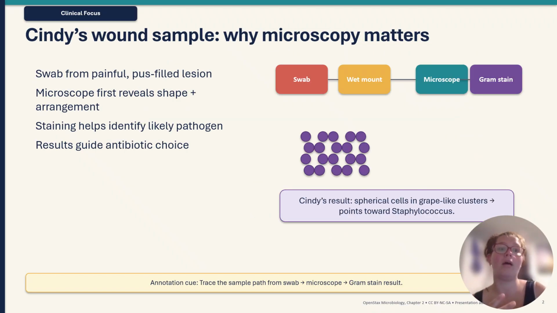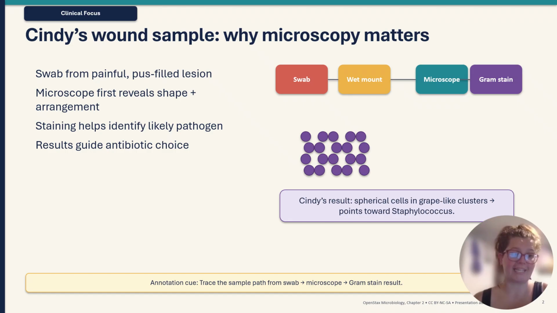During our clinical focus in the chapter, Cindy developed a wound infection after scraping her knee. The dark field microscope showed spherical bacteria arranged in clusters, and a gram stain revealed purple clusters indicating gram-positive cocci.